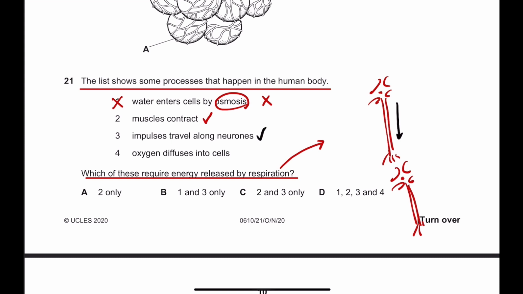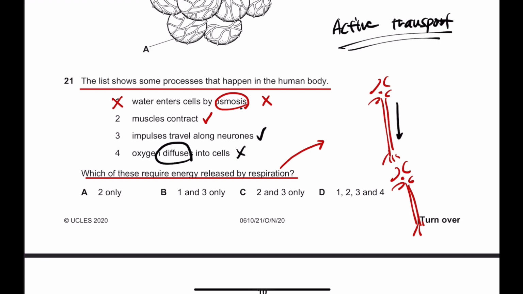So number 3 is correct. Number 4, oxygen diffuses into cells. No. Both diffusion and osmosis do not require energy, okay? Only active transport requires energy. So the answer should be 2 and 3. C.